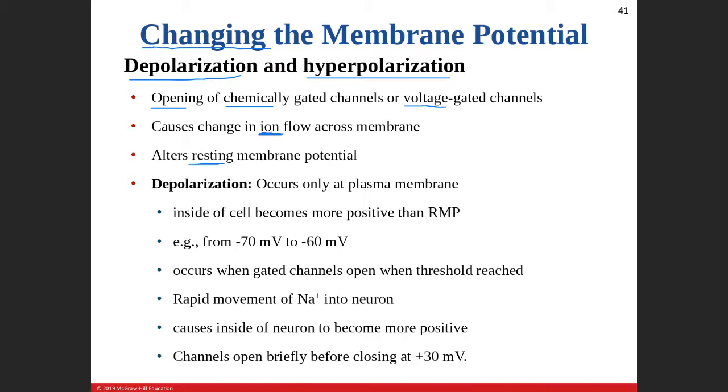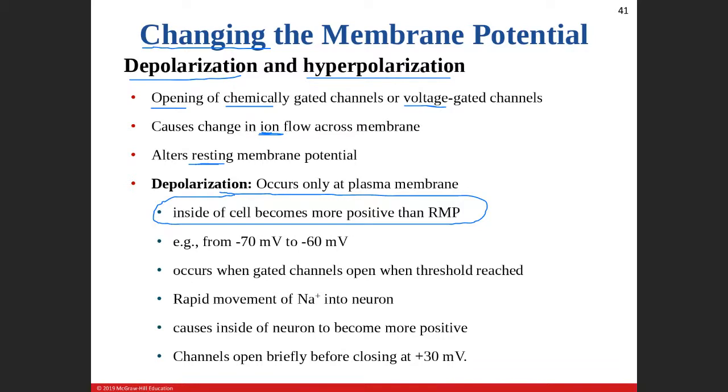So the first term that we're going to discuss is depolarization. This happens at the plasma membrane, so you've got to commit this one to memory, folks. This is what happens when the inside of the cell becomes more positive, or you could say less negative. If I go from negative 70 millivolts to negative 60 millivolts, is that becoming more positive?